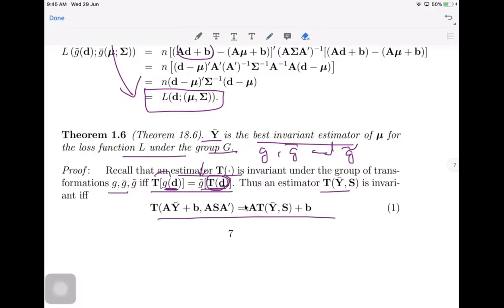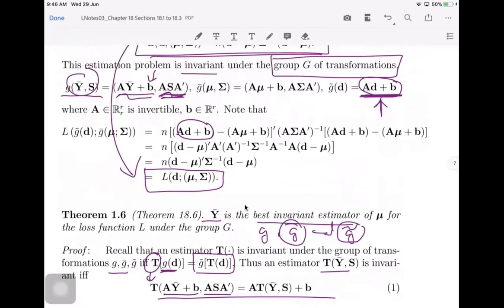So for T, your G of T will be this transformation, A Y bar plus B, A S A bar, and it is equal to this transformation of your parameter tilde.